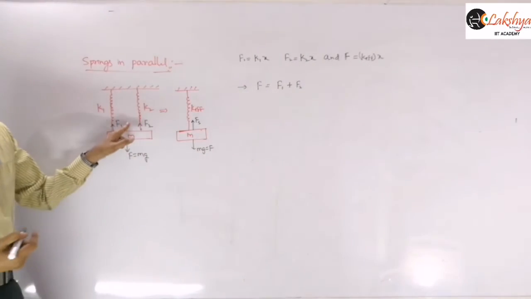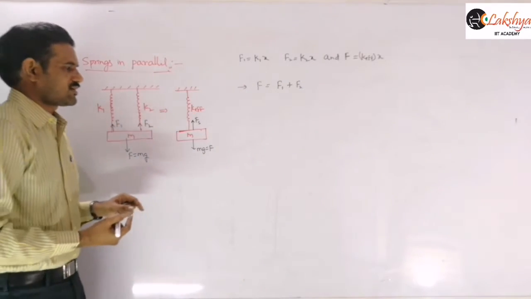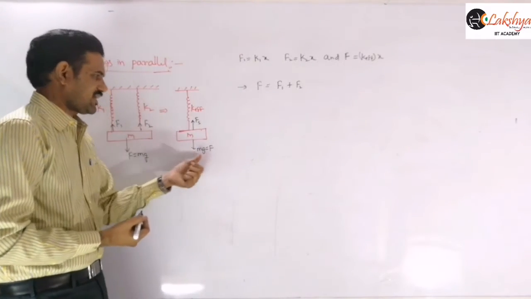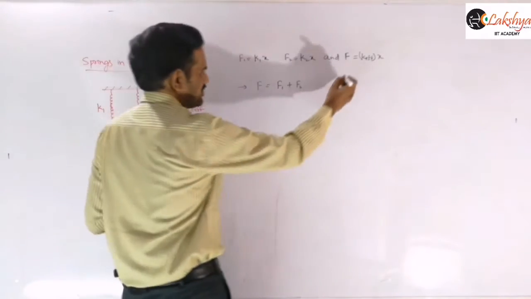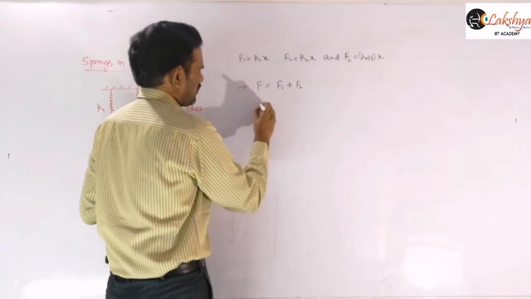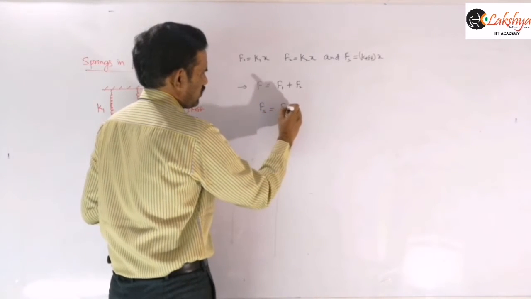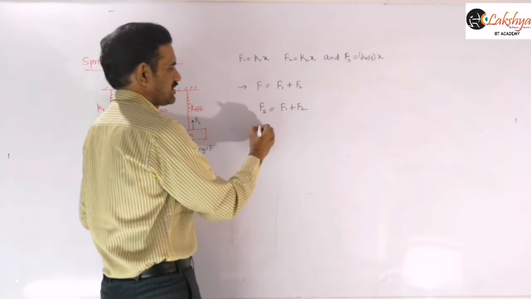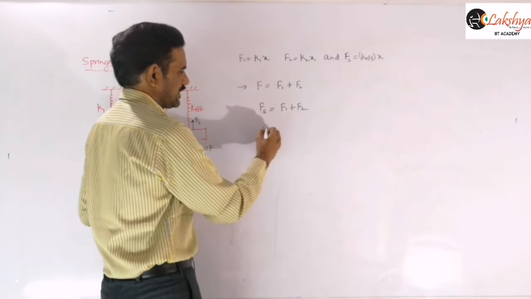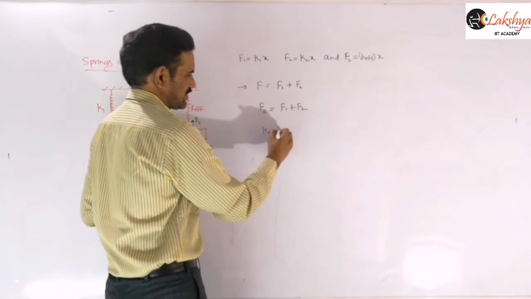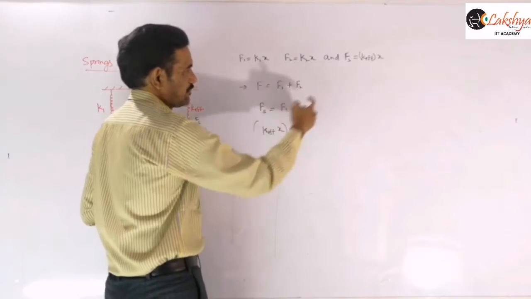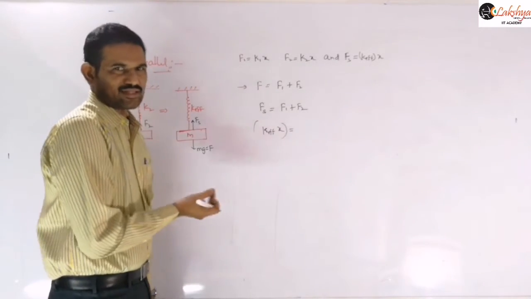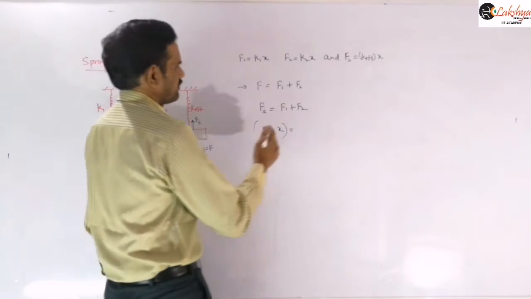The downward force is equal to the upward force, that is the equilibrium. The same force will be there here also, so you can replace this F with Fs, the equivalent spring force. So Fs is equal to F1 plus F2, and this Fs is nothing but K effective into X. You can call that the net spring constant.